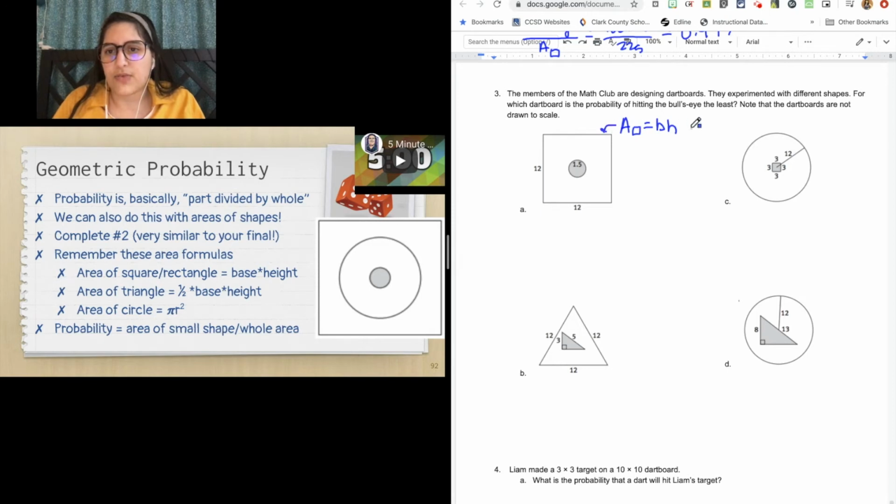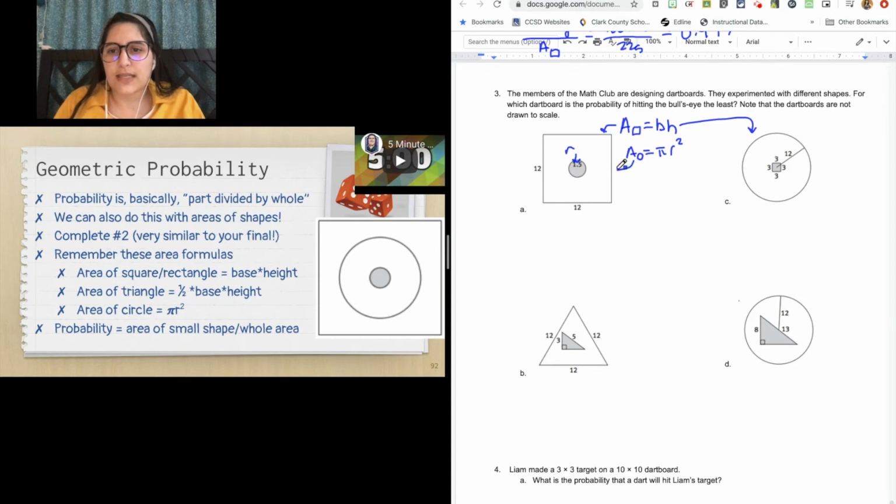You need it for this one and this one. Then the area of a circle is pi r squared. And I'm going to tell you right here, this 1.5 is the radius. Okay, so 1.5 is the radius.